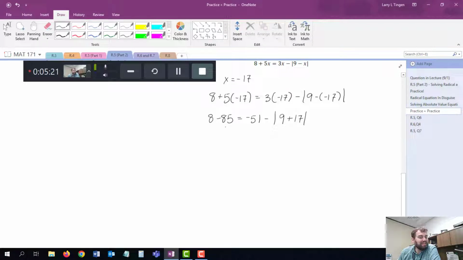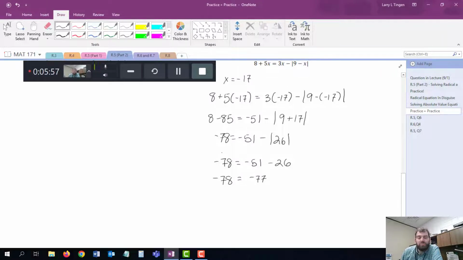8 minus 85, when I did this before, I made a mistake. 8 minus 85 is negative 78, is equal to negative 51 minus absolute value 9 to 17 is 26. Absolute value 26 is 26. Nothing exciting there. So negative 78 is equal to negative 51 minus 26 more is negative 77.